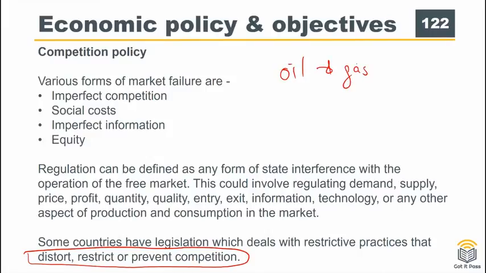In some countries, oil and gas is a restricted industry that only the government is allowed to do business in or be involved in. They do not encourage any other competition because they find that market failure will happen if it is released to only two or three organizations to do this business. So the government would like to say, hey, I would like to prevent any competition by doing it myself for oil and gas.